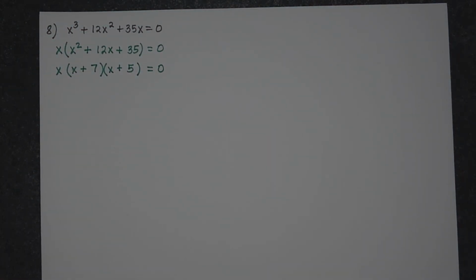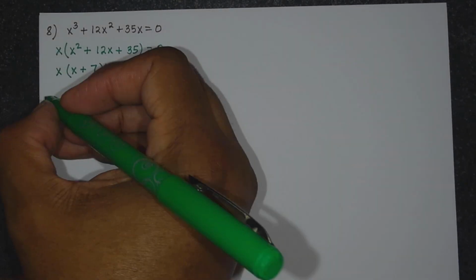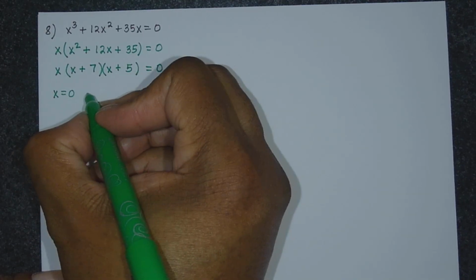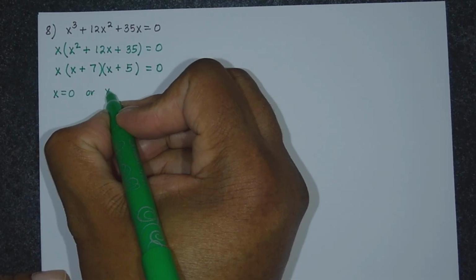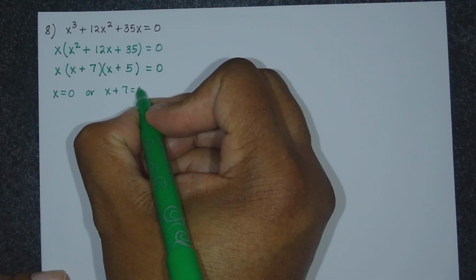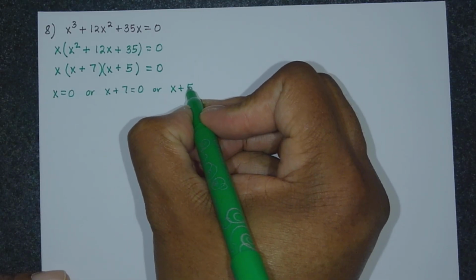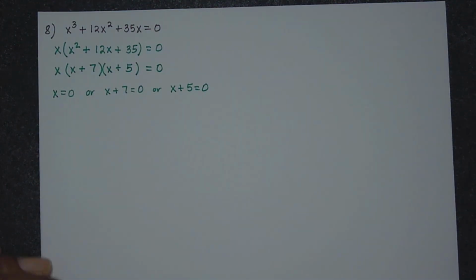So factored out completely, I get x times x plus 7 times x plus 5 equal to 0. And then we set each individual factor equal to 0. So that means that this x will be equal to 0. The x plus 7 would be equal to 0. And then the x plus 5 would be equal to 0.